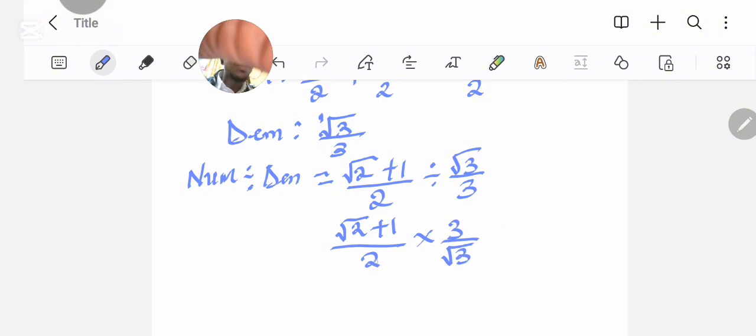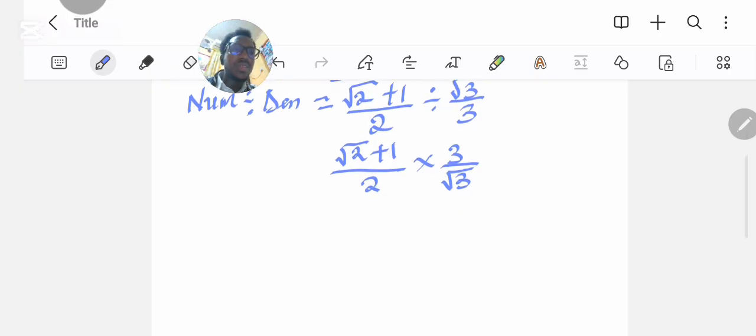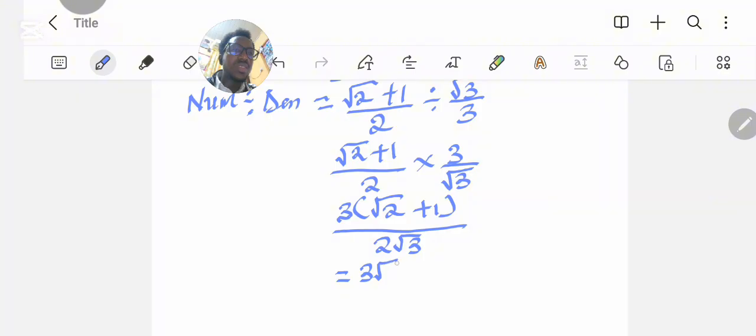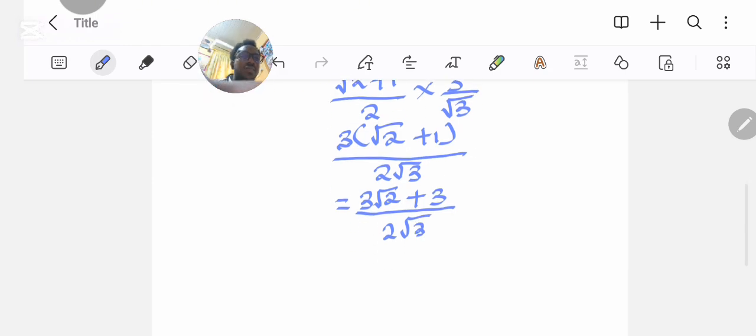If we multiply this, we are going to be getting 3 brackets (root 2 plus 1) all over 2 root 3. So let's just multiply this. 3 times root 2 is 3 root 2, plus 3 times 1 is 3, all over 2 root 3.